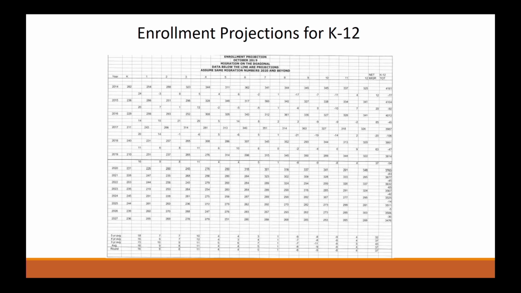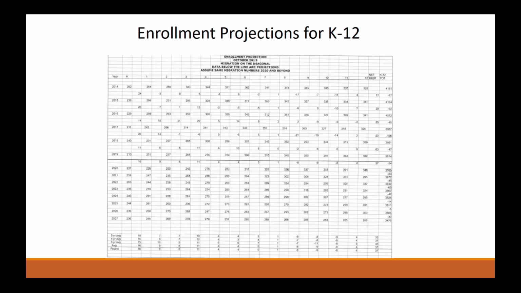What happens now is we take these migrations, and you'll see an average down here of what we're going to be using when we come up with the 2020 enrollment that we are projecting for 10/1/2020. Down here, I know it's teeny tiny, is where we take the averages of these migrations.